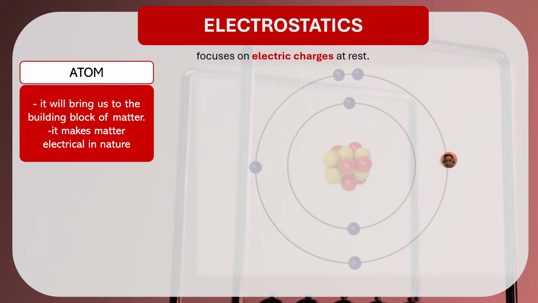If you can see in the background, I have one atom there. One, two, three, four, five, six, seven. It has seven electrons. So this is the structure of the atom of the occupant of the seventh spot of the periodic table, the element having atomic number seven.